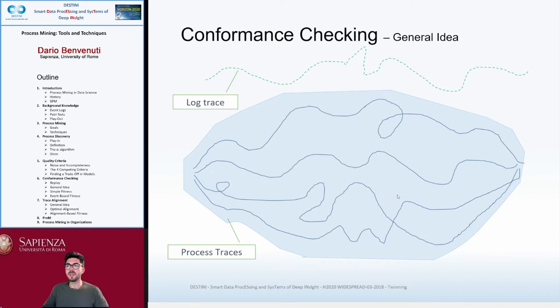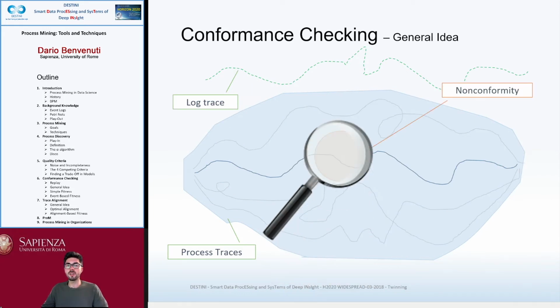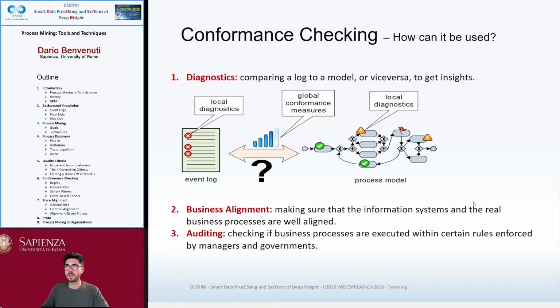The general idea behind conformance checking is to have a log trace, have a process trace, and check for non-conformity by analyzing them, combining them together. This can be useful to perform diagnostics, comparing a log to a model or vice versa to get insights.